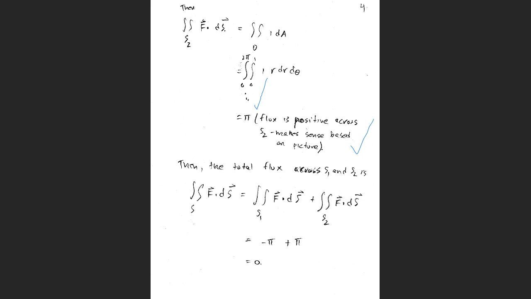Okay, and so the total flux, just like with line integrals, you just add the two fluxes, and the net rate of flow of this vector field through the surface is going to be 0.